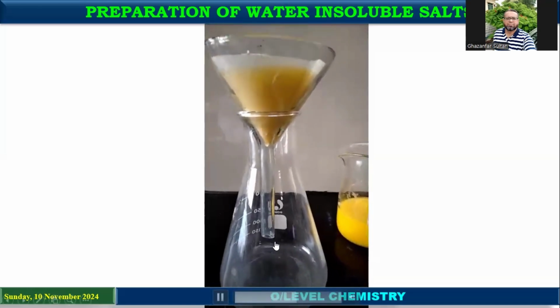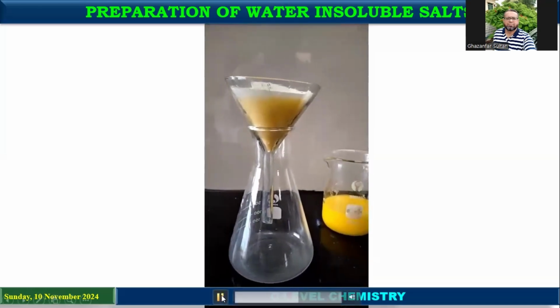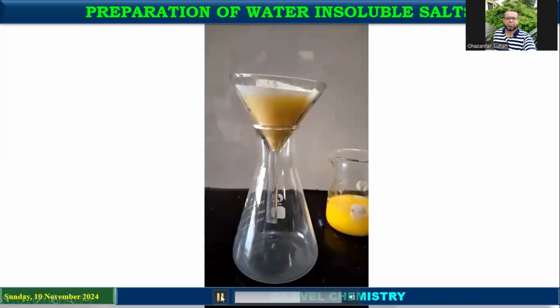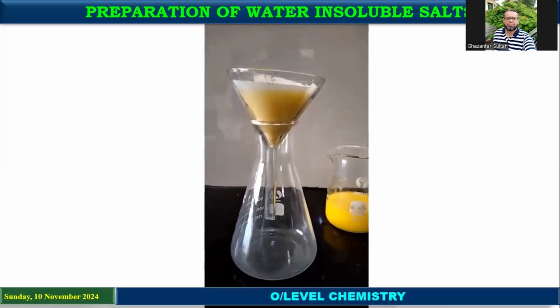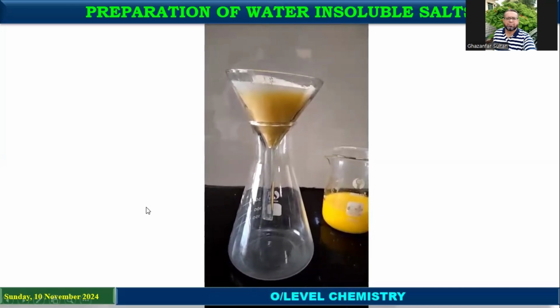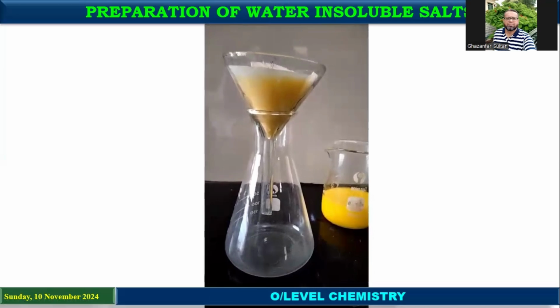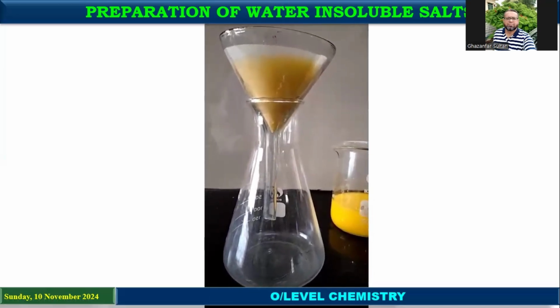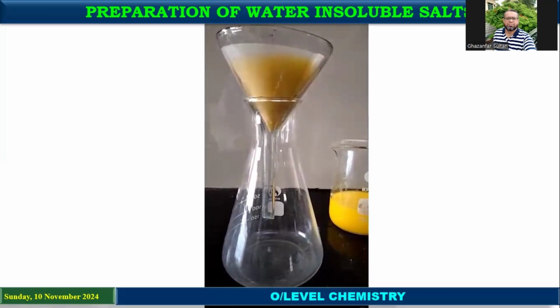The filtrate that is coming here contains water along with potassium and nitrate ions, but the lead and iodide ions remain there. We have different techniques for rapid filtration that you will learn in your higher classes.